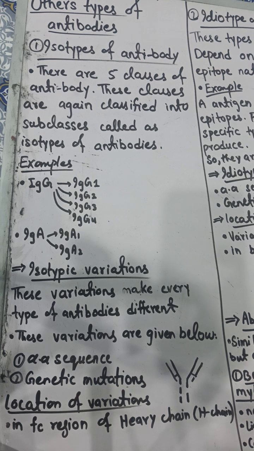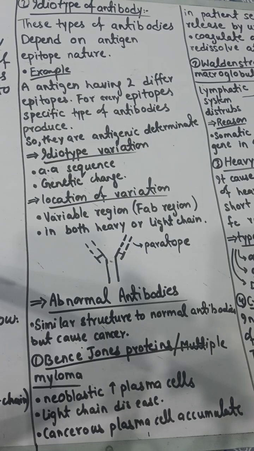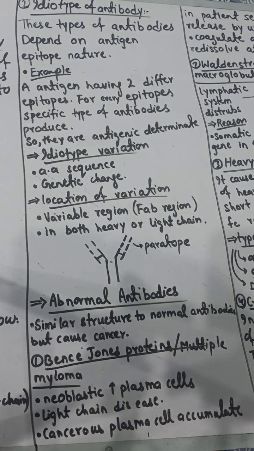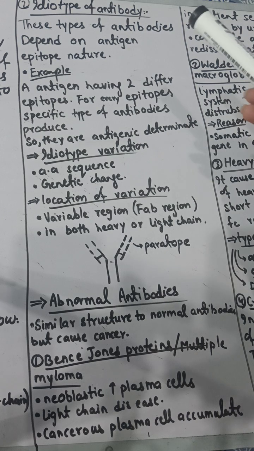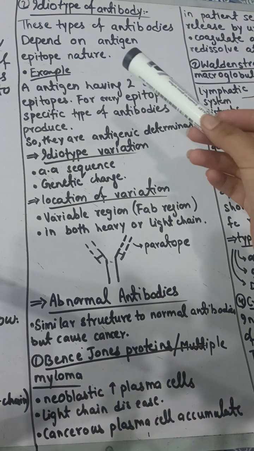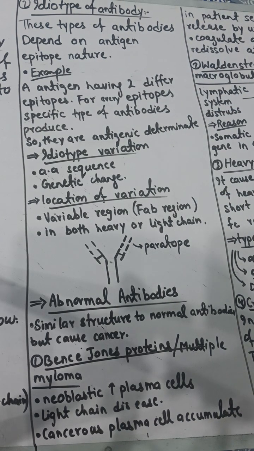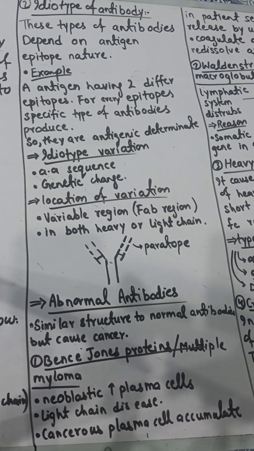Now let's discuss the other types of antibodies as well. The next type is the idiotype antibody. These are the types of antibodies which depend on the nature of the antigen epitope. You know very well that an epitope is present on the antigen.